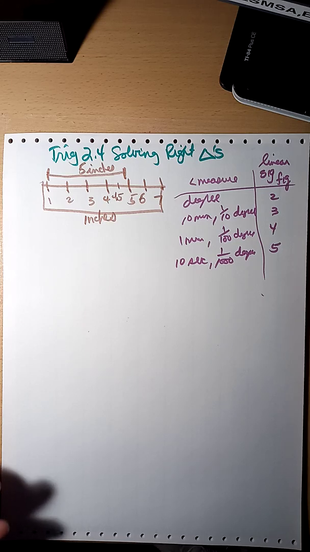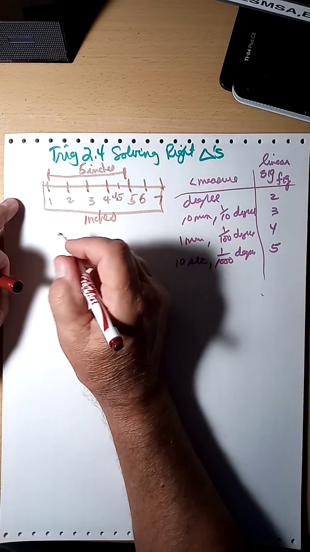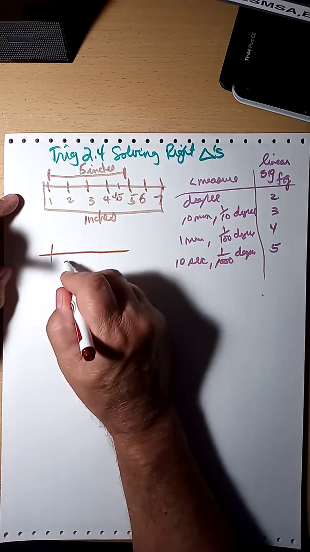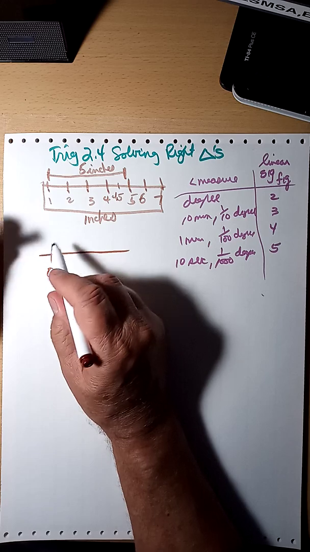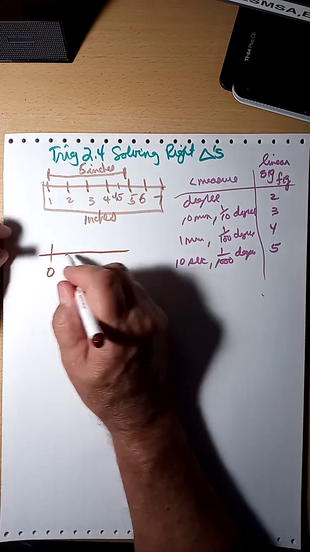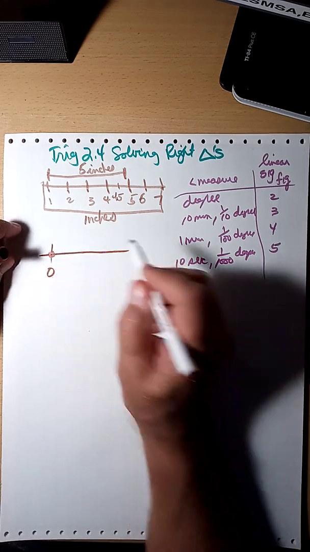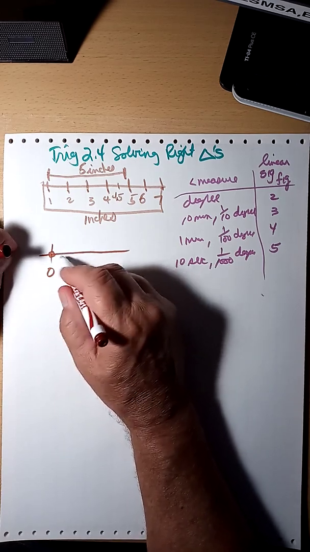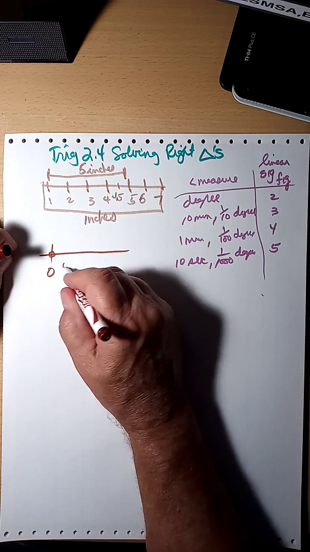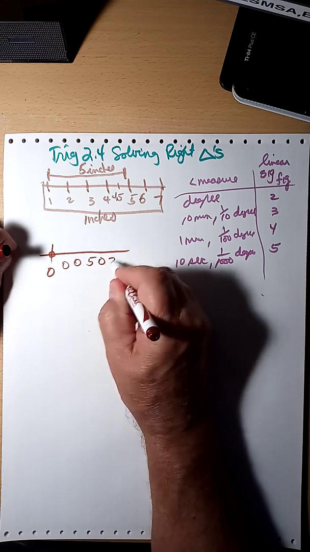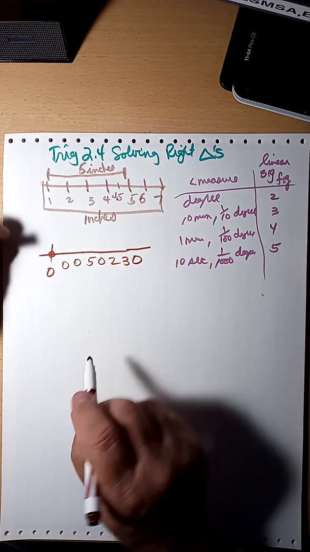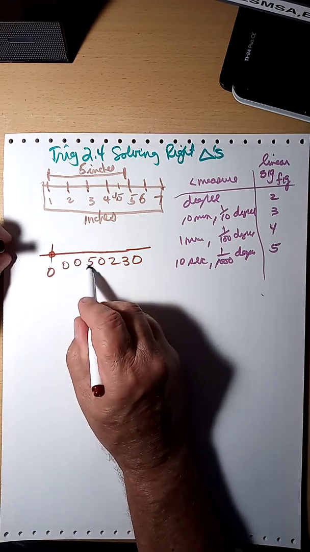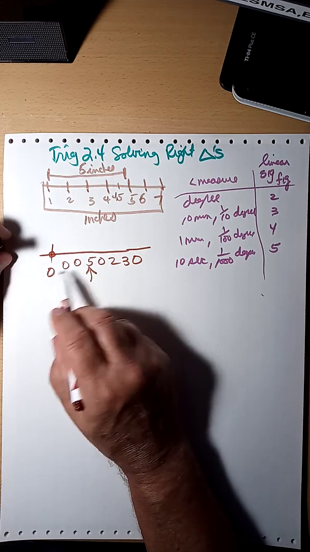What in the heck is a significant figure? Well, if you have a 0 here, anything to the left of the 0, this is the decimal point, right? Once you get to the right of the decimal point, anything that you have between that decimal point and the first non-zero value, those zeros are not counted.